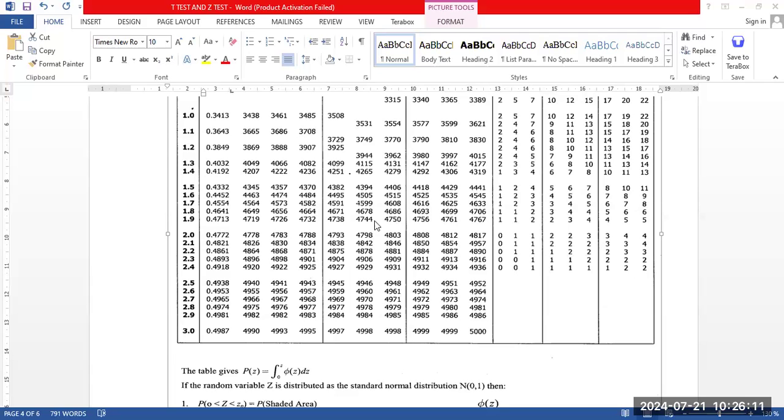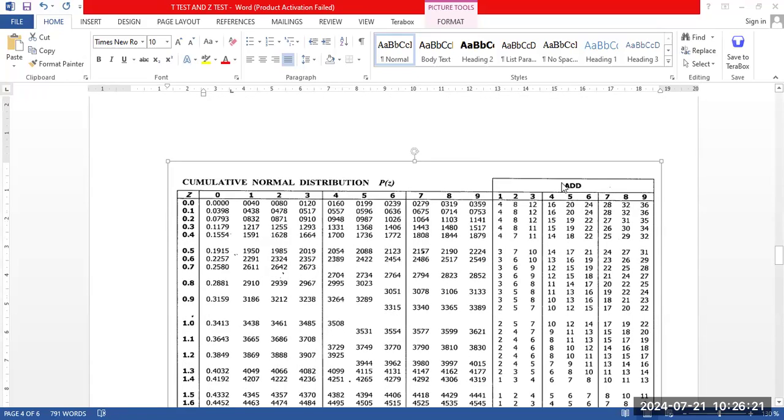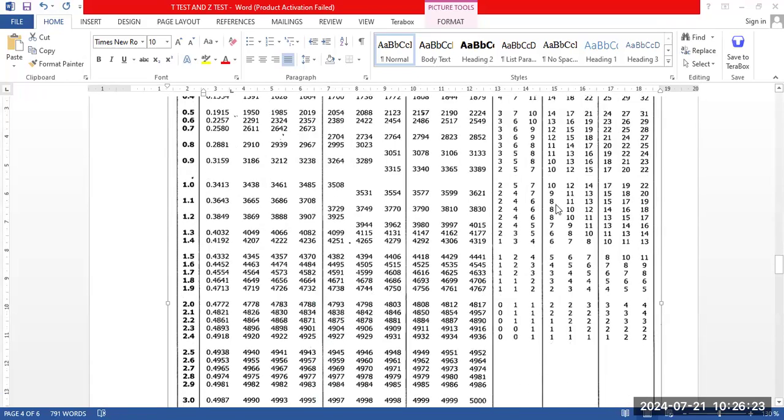Because here there is a column for add. So if I pick this and I add, let's say 5, remember that the 5 you are adding goes on the 4 on your right.